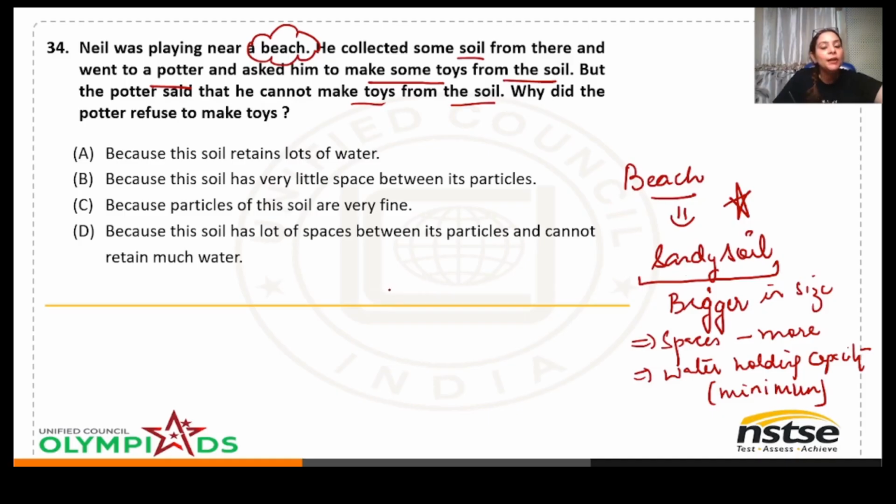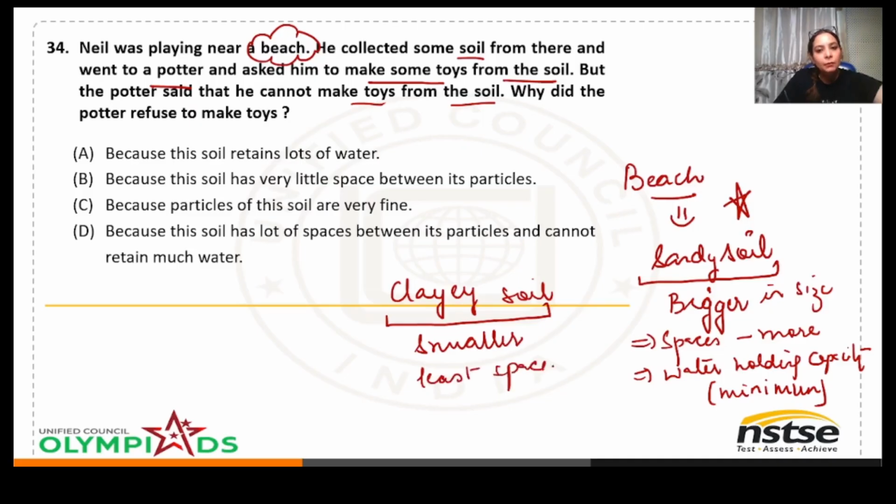Because in order to make toys, we need a clay soil, because it consists of particles which are smaller in size. They have got least spaces between them, so they can be cemented together properly, and also their water holding capacity is maximum. So that is why the potter refused.